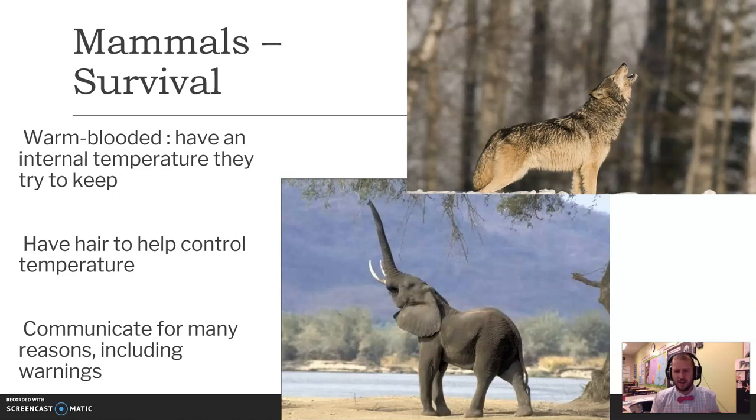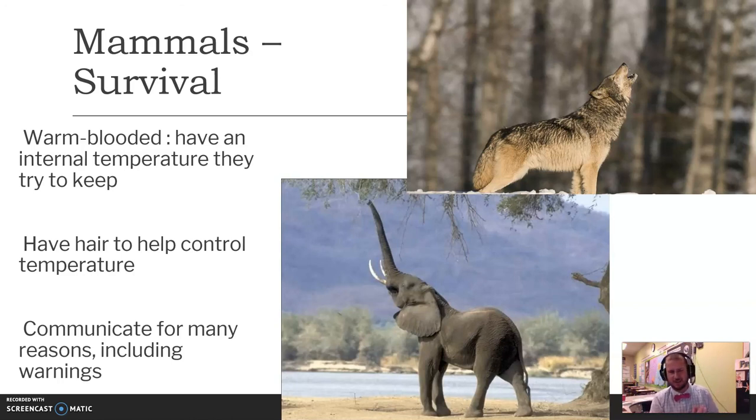So we do have hair to help us control that. Now you'll notice that humans, we've kind of evolved to not have as much, and that's just because we've figured out how to not need it as much. We've built houses, we learned to make fire, so we don't need it. We've evolved to not need that hair as much, but we do still have it.